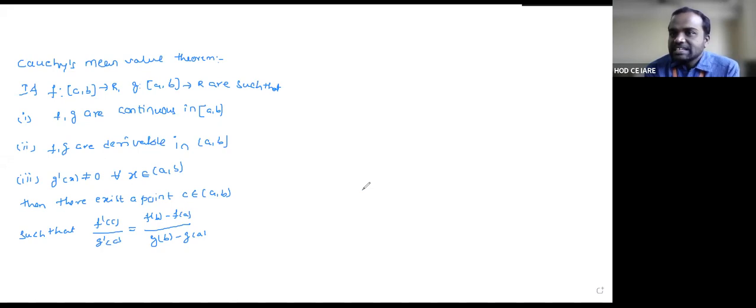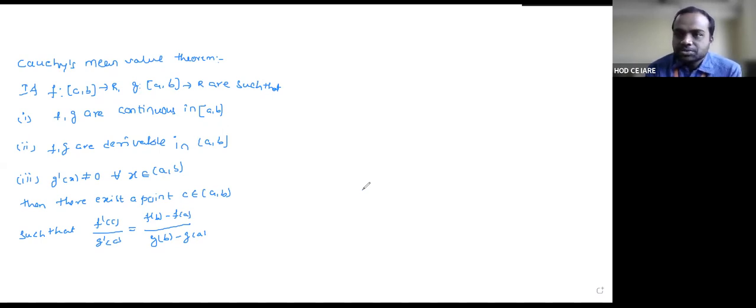Once again, at least one point c belonging to the open interval of a comma b such that f dash of c by g dash of c is equal to f of b minus f of a by g of b minus g of a. Okay, with this equation we find the point of Cauchy's mean value theorem, and it does not have any geometrical interpretation. So we can write the Cauchy's mean value theorem statement in this way.